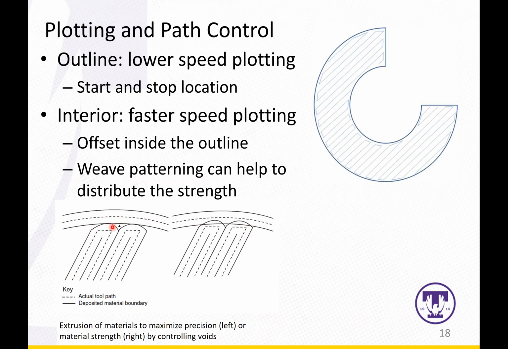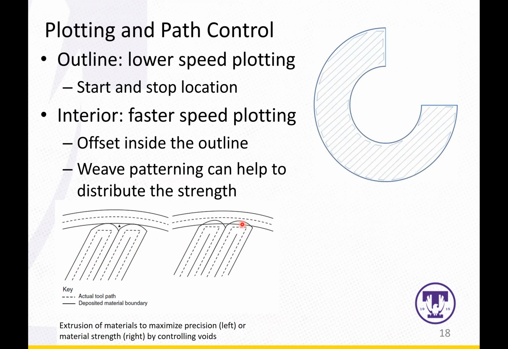This dashed line shows the actual tool path, and the solid line shows the deposited material boundaries. So you can see it's an offsetting pattern of the actual tool path planning due to what I mentioned: there is some width for the material extruded on the plane. So you have to do the offsetting process to predict what kind of material will be there when you have this actual tool path.